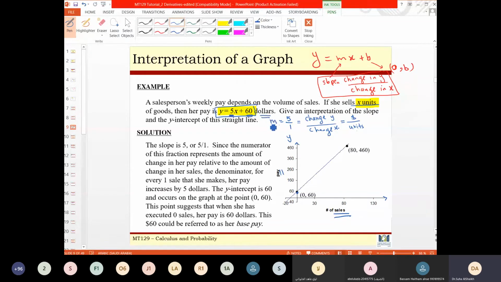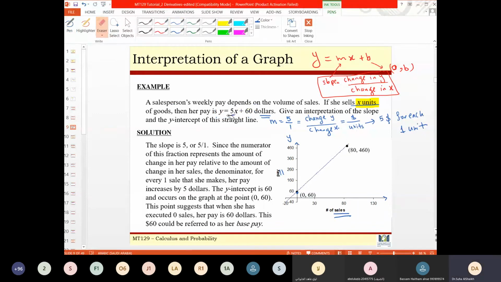The y is the dollars she will receive. So 5 over 1 is like dollars over units. This means she's getting $5 for each one unit she's selling. Why 5? I took it from here. This is the 5, which is the slope.